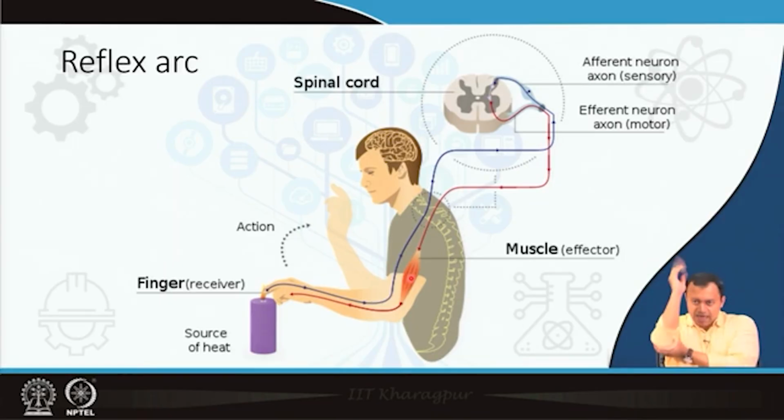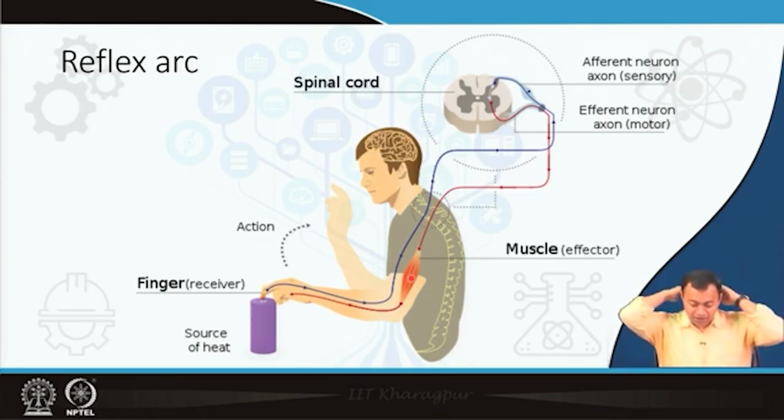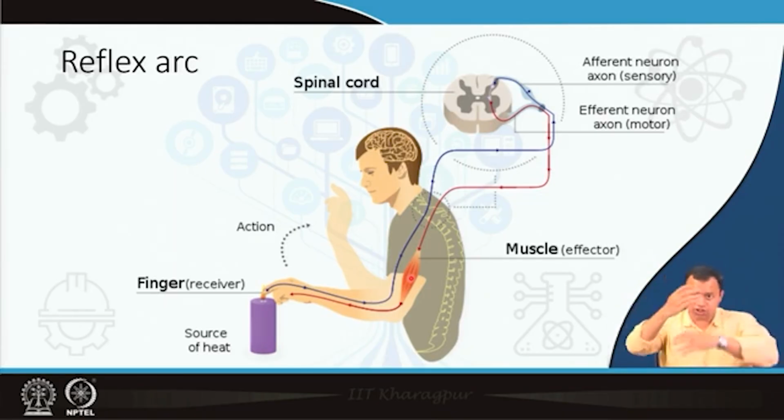The exact same thing happens when the base of your knee is hit by a hammer. Afferent neurons take the information from your knee into the spinal cord, the motor cortex, and from there the information is exchanged.